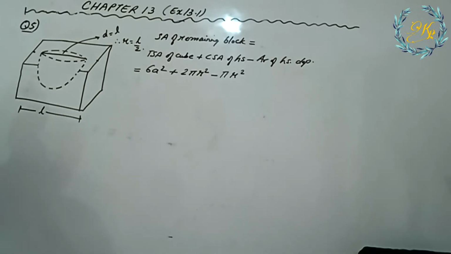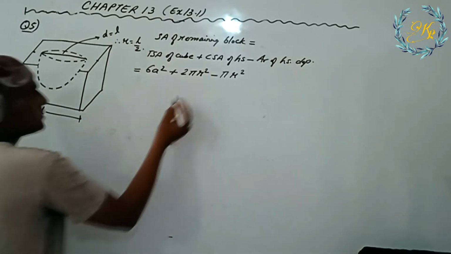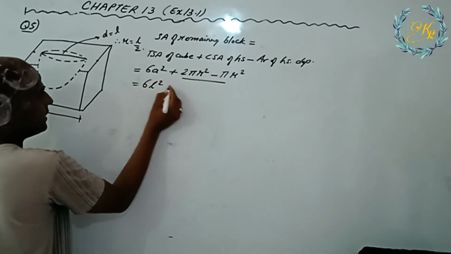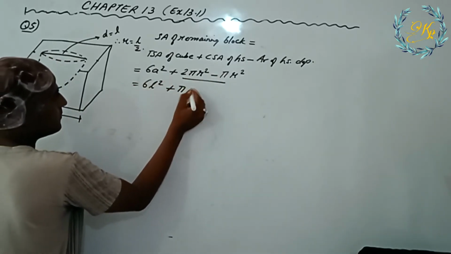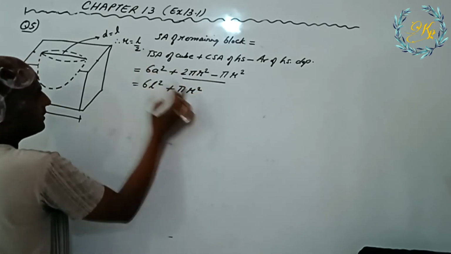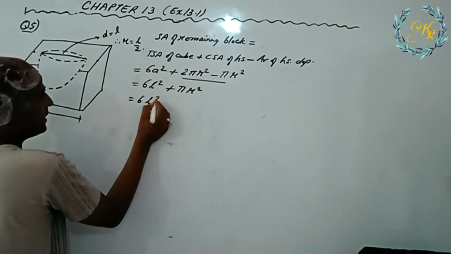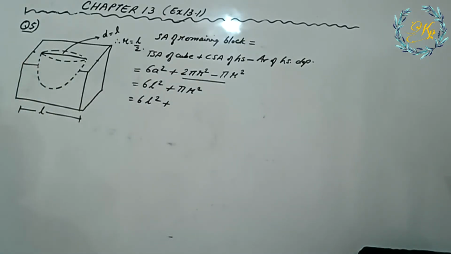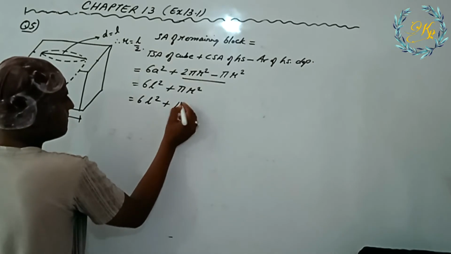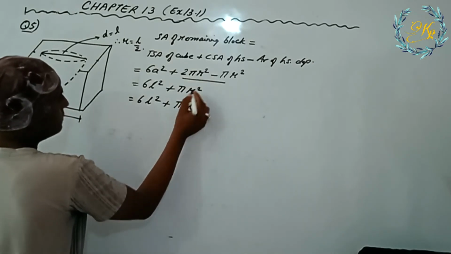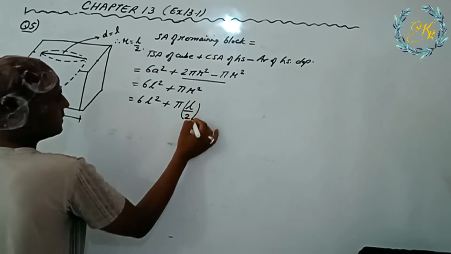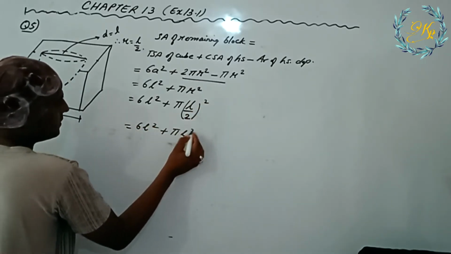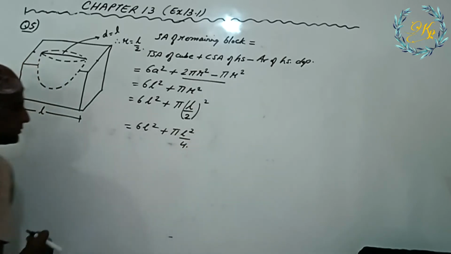Now let's try solving this. Can we solve this too? Yes, we can solve this too. You get 6 L square plus pi r square. Now instead of r, I will write 6 L square plus pi times L upon 2, that is the radius, whole square. This gives you 6 L square plus pi L square upon 4.